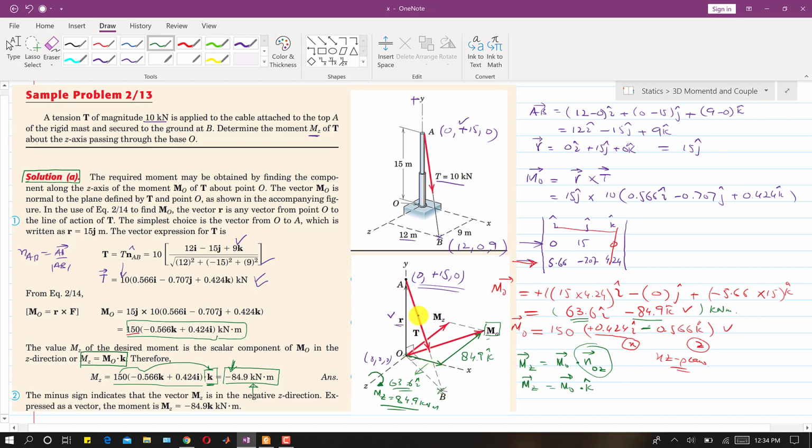If I extend it like this, and draw another parallel line to this OB, and another parallel line like this, this is a plane, right? Let me draw it in some other color. So this is that OB.